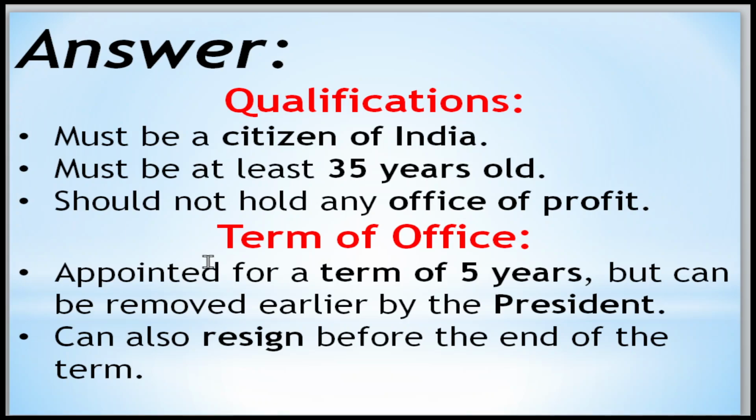Now come to the term of office. Appointed for a term of 5 years but can be removed earlier by the president. One thing is that he is appointed by the president for 5 years. Even before that, if the president wants, he can remove him. He can also resign before the end of his official term.